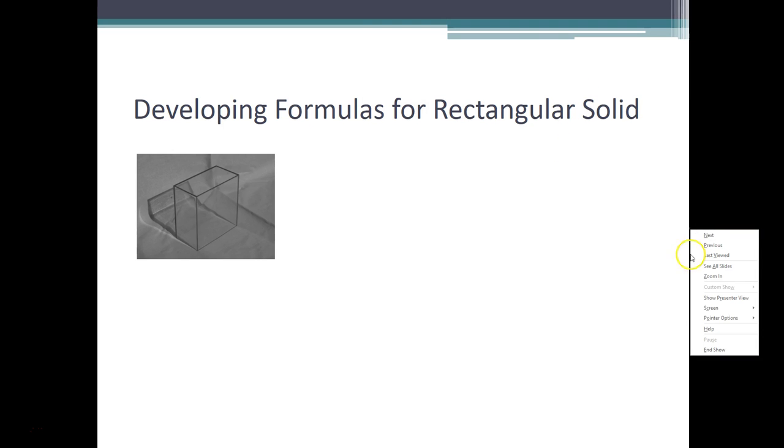Okay, so volume first. Just like with area, you were trying to figure out how many little squares fit inside of a figure. So then you got square units for area, right? Well, for volume, when you have something like a box, you're trying to figure out how many little 1 by 1 by 1 cubes will fit in that figure.